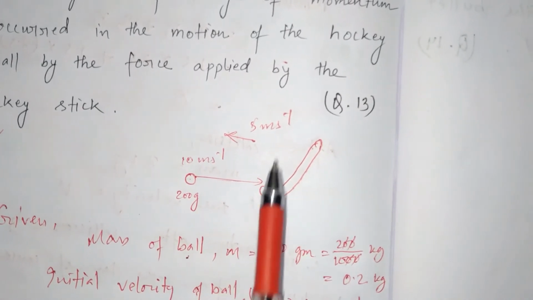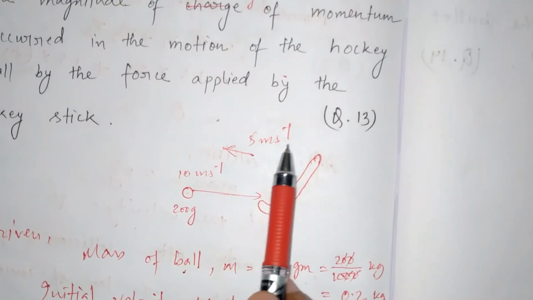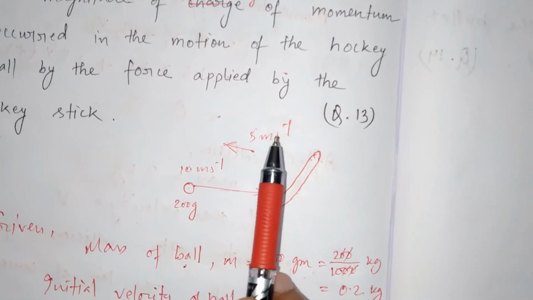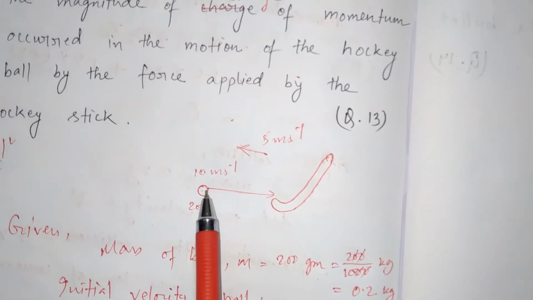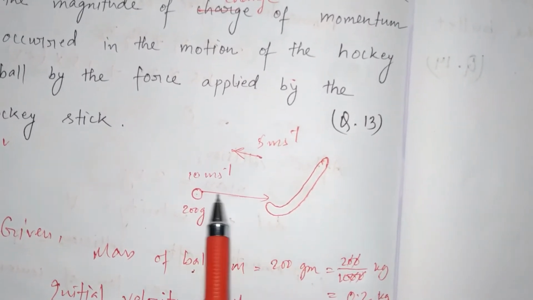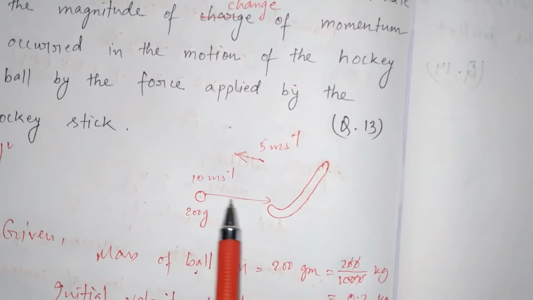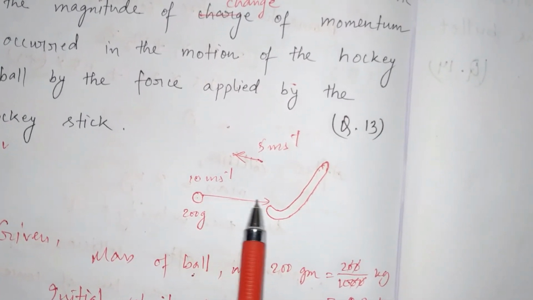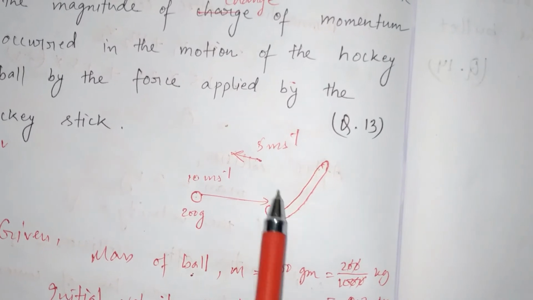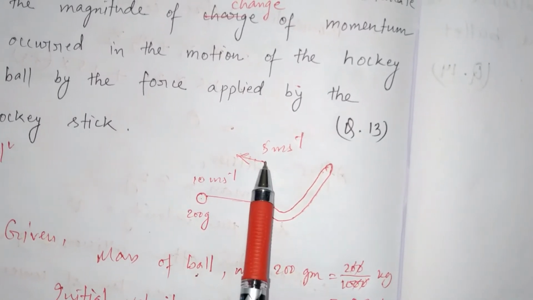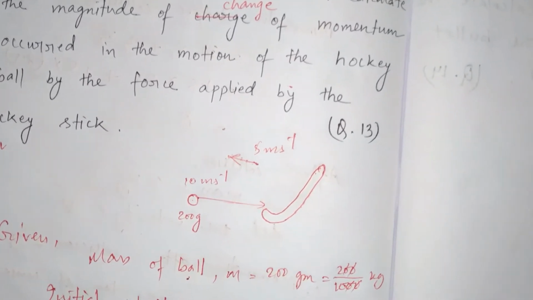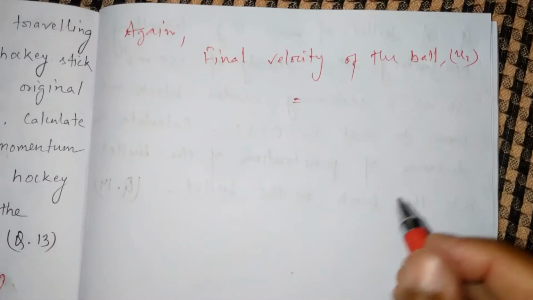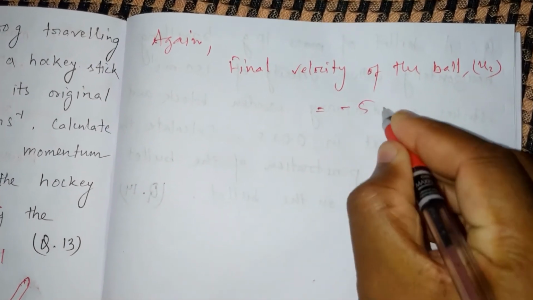After that it has the velocity 5 meter per second. So this will be the final velocity, and as you can see, this motion is in the opposite direction of the initial motion. Initial motion is in this way, and after colliding with this hockey stick it goes in the opposite direction. So it will be minus 5 meter per second.